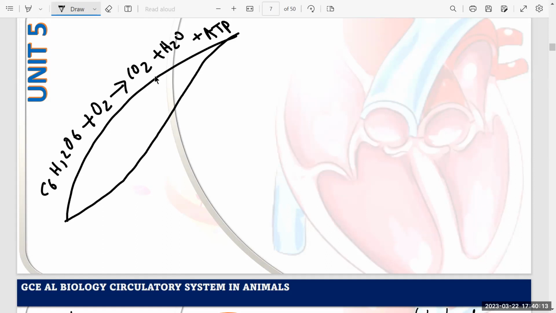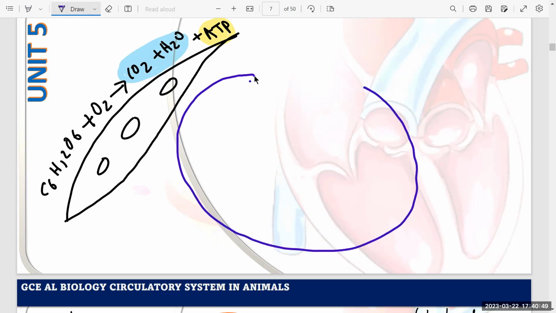This reaction we consider aerobic respiration, and we call these cells respiring cells. Respiring cells need energy in the form of ATP. The byproducts are carbon dioxide and water. Now, carbon dioxide should be removed from the body.